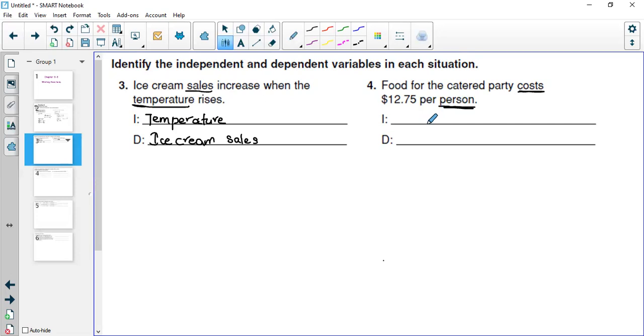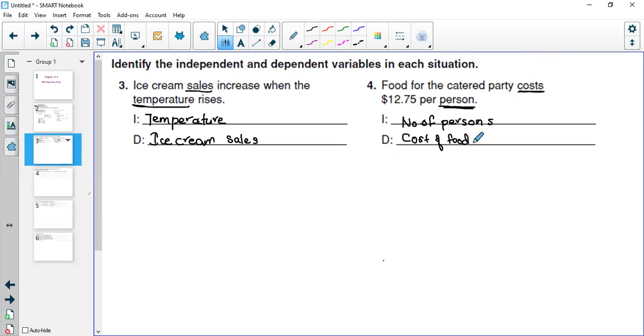If 10 people come, that would cost $127.50. So number of people is independent, right? And the cost, remember, always the cost of something is always dependent. So the dependent factor is the cost of food.